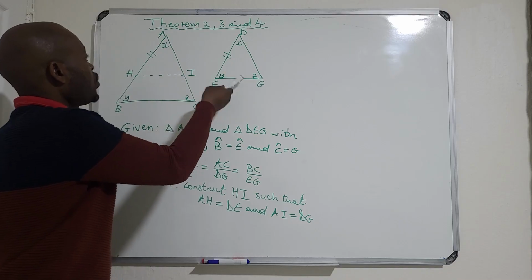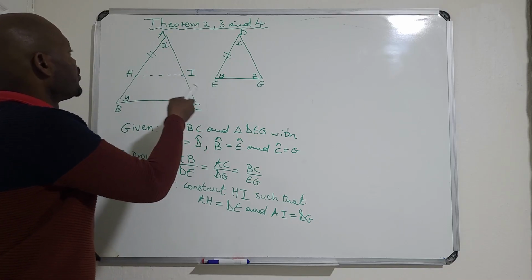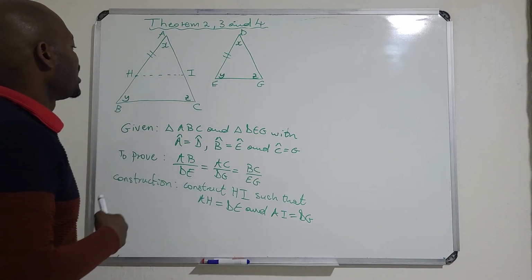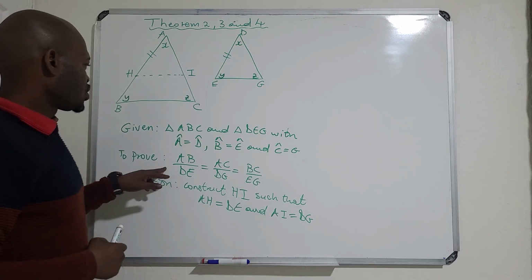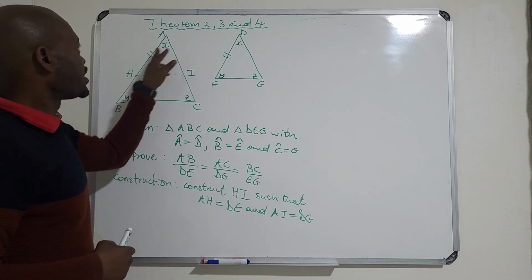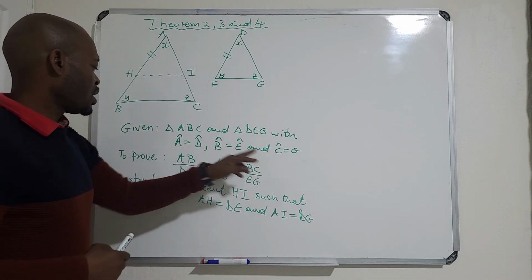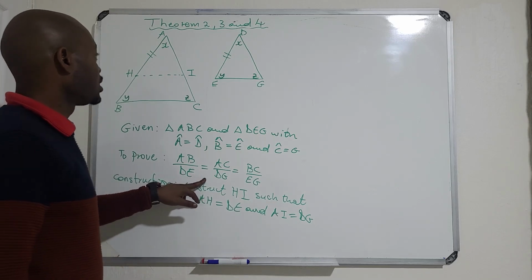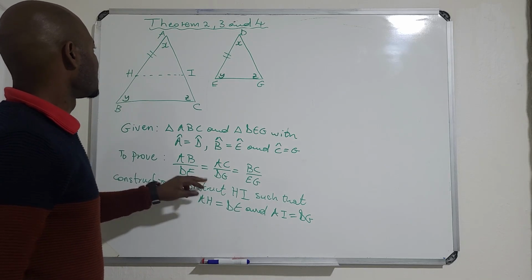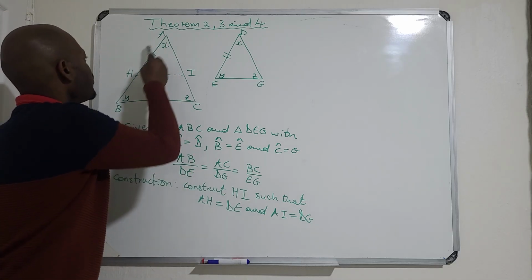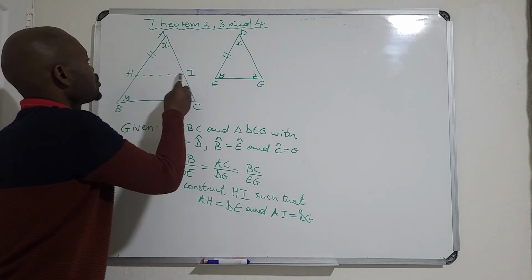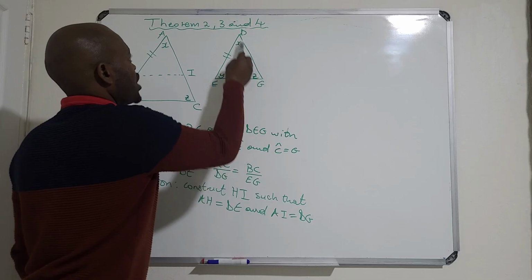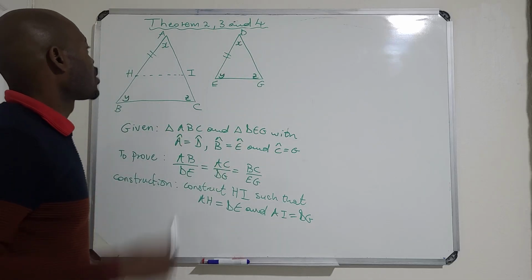Now, for us to prove that if two triangles are equiangular, then they are similar, so for us to prove that when we are given that the corresponding angles are equal, then the corresponding sides are in proportion, we just need to prove that this triangle and this triangle are congruent.